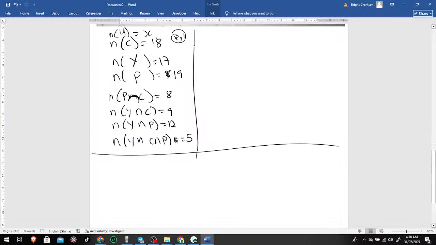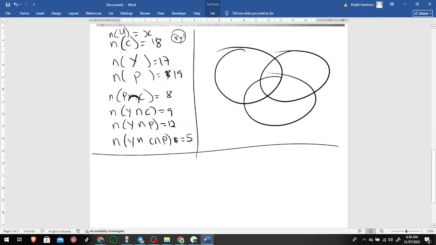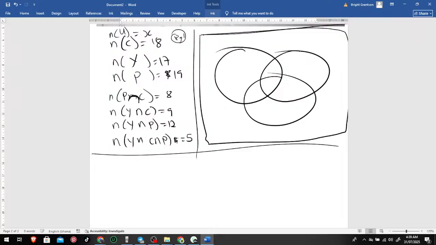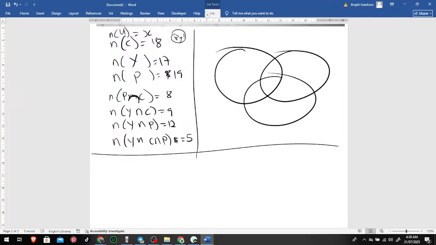Okay. So now let's draw a Venn diagram. Anytime you're drawing a Venn diagram, draw the circles before you draw the square.